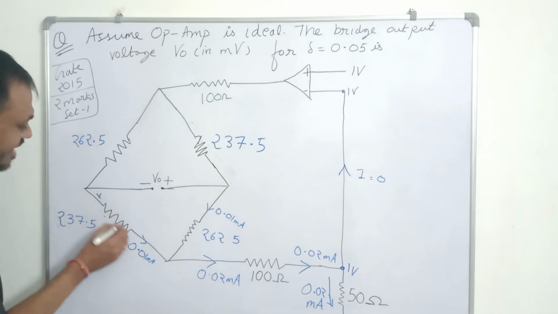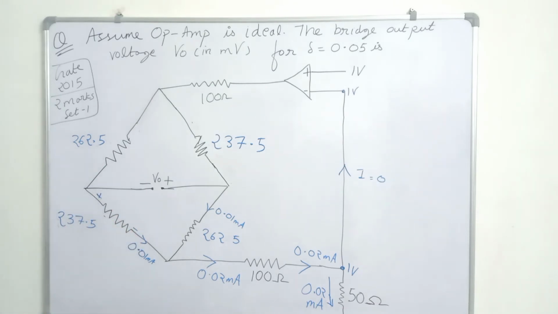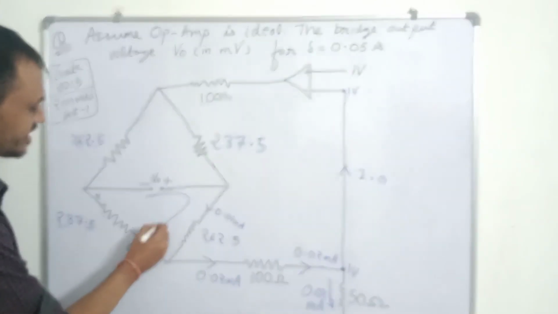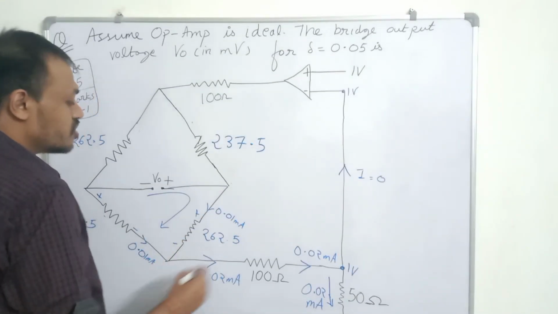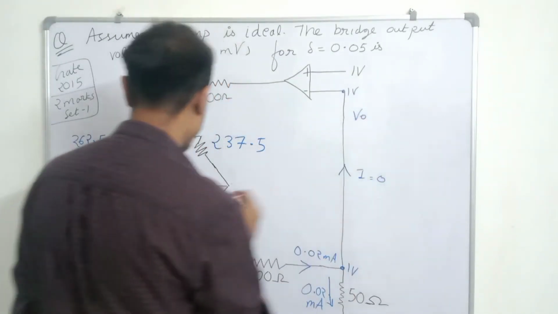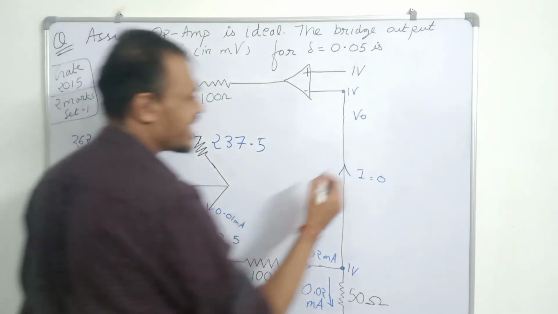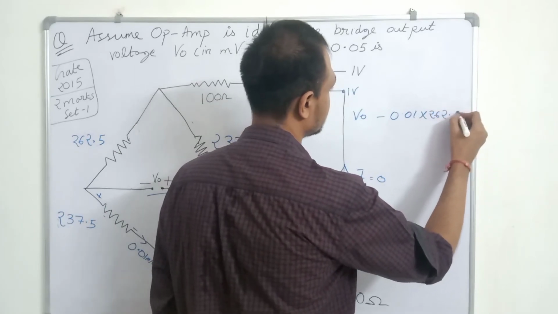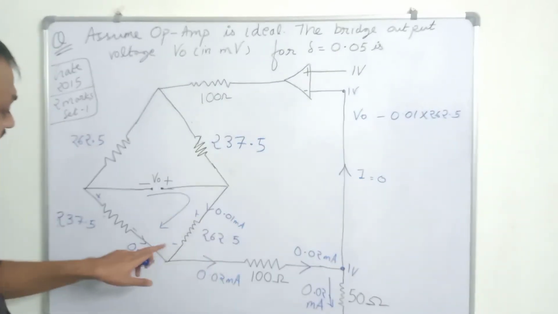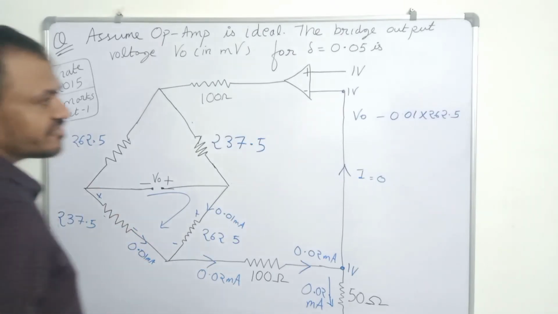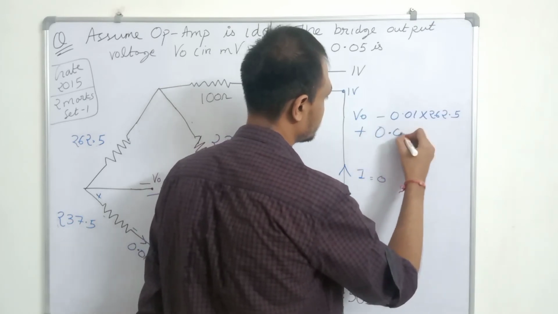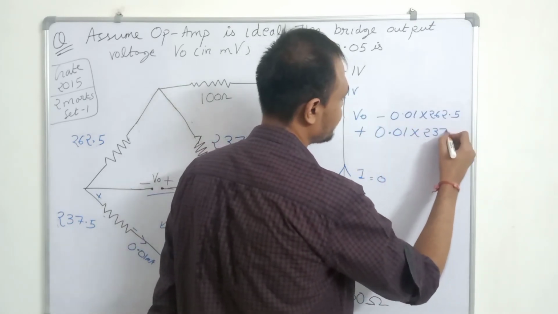Now we can simply apply Kirchhoff's law. I am applying it in this direction from here to here. Taking V0 as positive, this will be negative: V0 minus 0.01 into 262.5, and going in this direction, this will be taken as positive, plus 0.01 into 237.5.